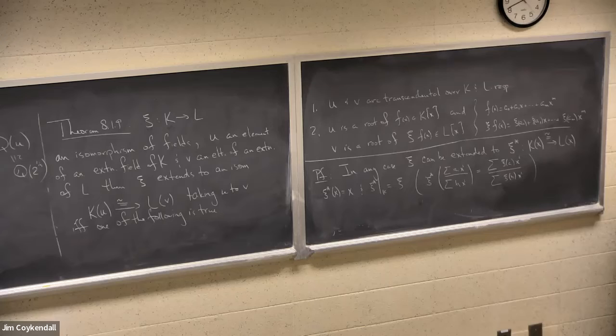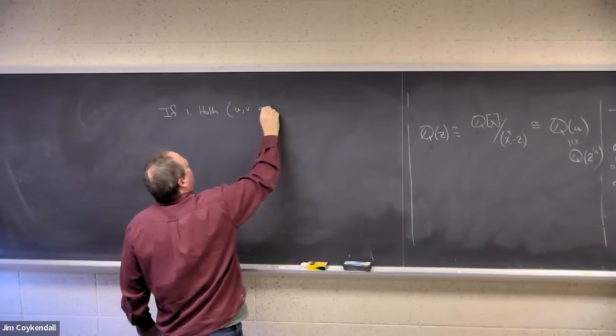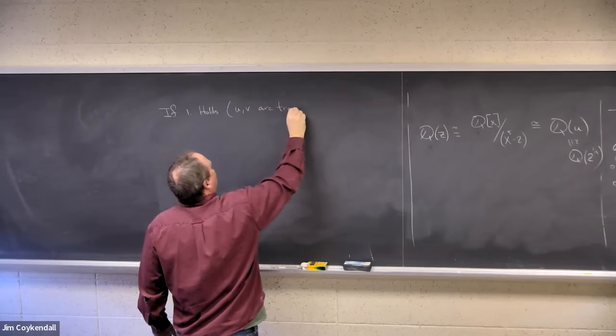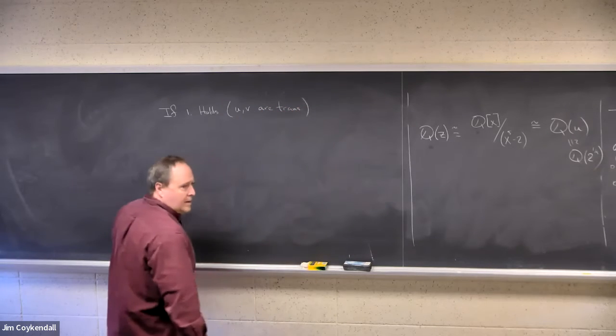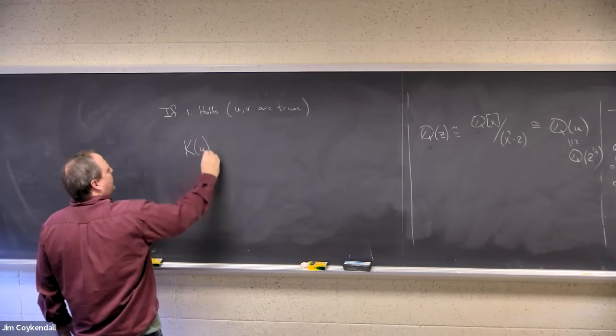Okay, so if one holds, that is u and v are transcendental, then just compose the following isomorphisms.